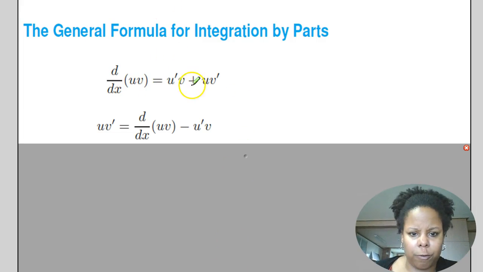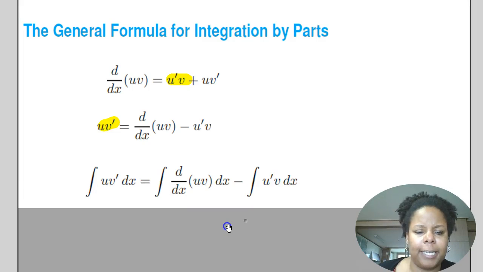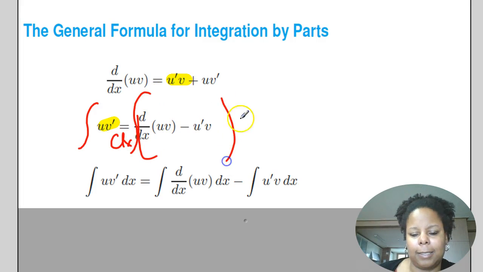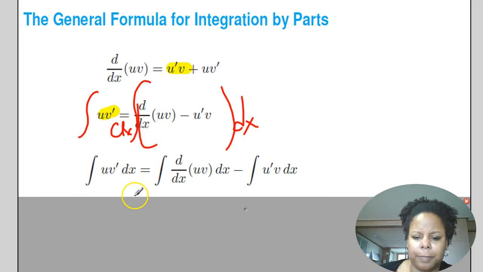If I just solve for u prime v in this equation, I end up with something that looks like this. And then I integrate both sides of my equation by just simply doing the integral symbol, integrating both sides, and adding a dx, and I end up with something that looks like this.